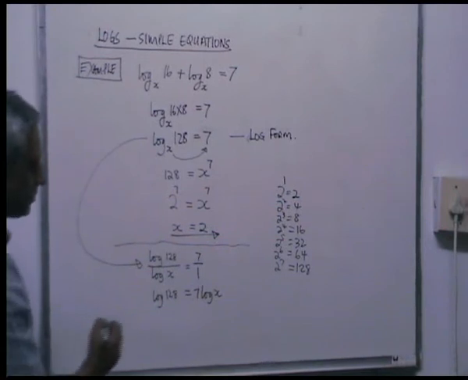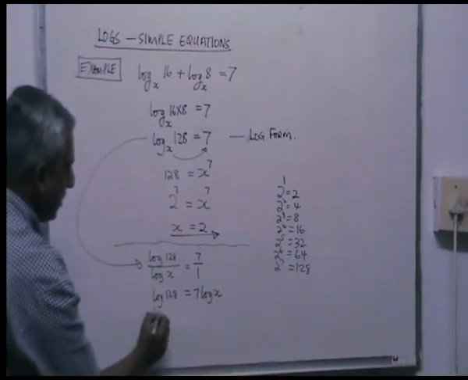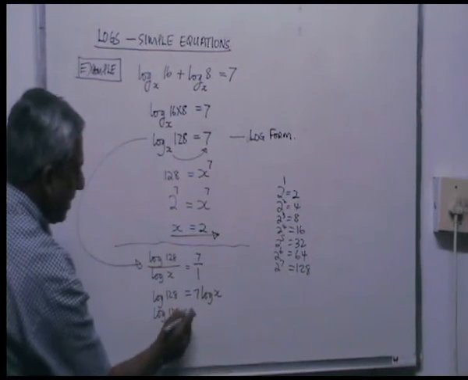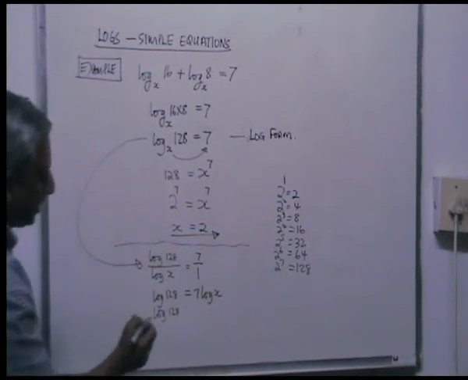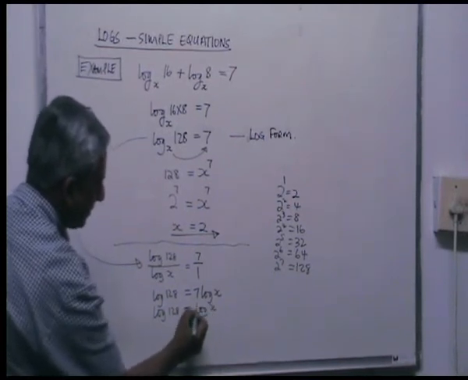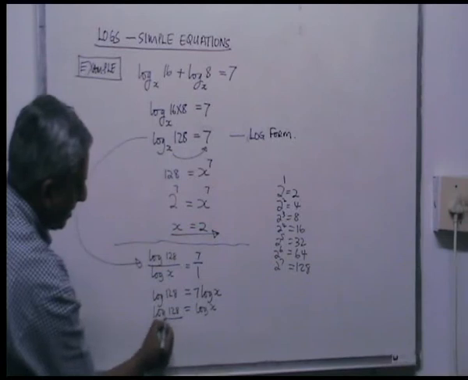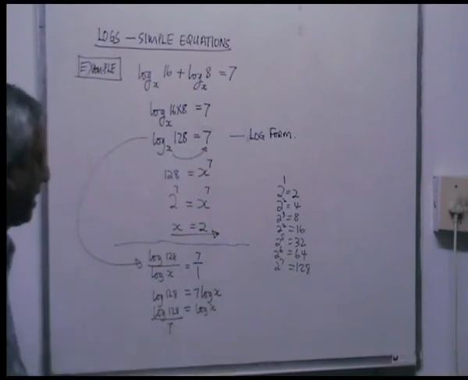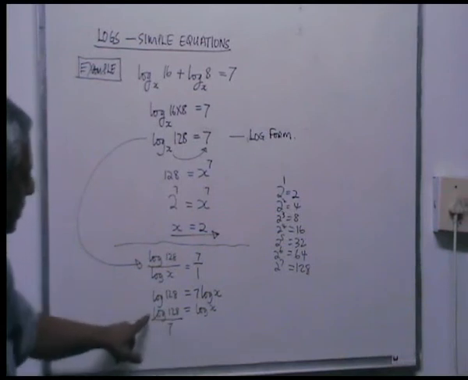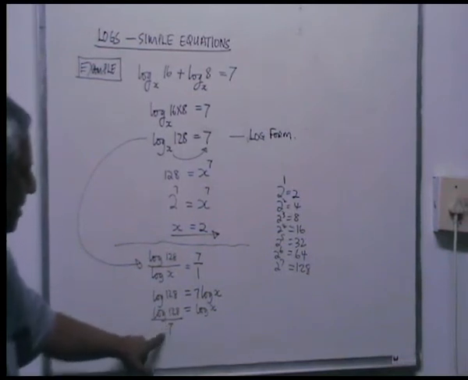Now for log of x, you can divide this by 7. I'm getting rid of the 7 now. So log of x is equal to log of 128 divided by 7.